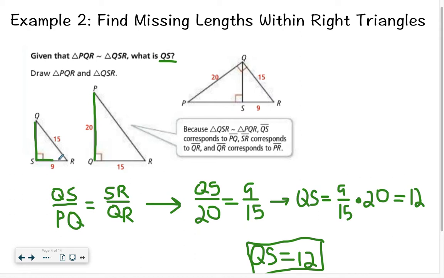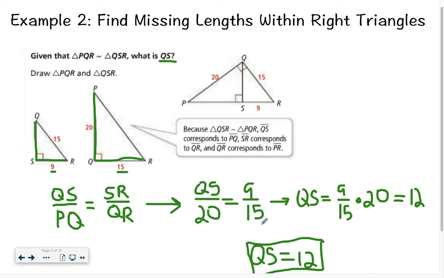So I know SR, since that's on the same triangle as QS, I'm going to put that on top. And then SR lines up with QR on the other triangle. So I would put SR over QR, and then I can start plugging in numbers. I can say QS, I still don't know, over PQ, which is 20, equals SR, which I can replace with a 9, over QR, which I can replace with 15.